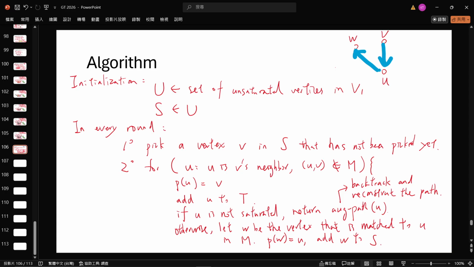Let me stress that this edge is not in M, and this edge is in M.